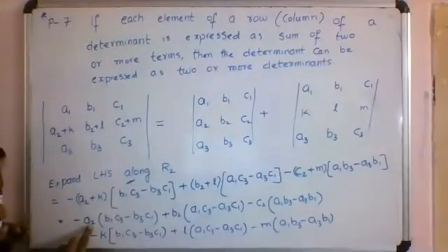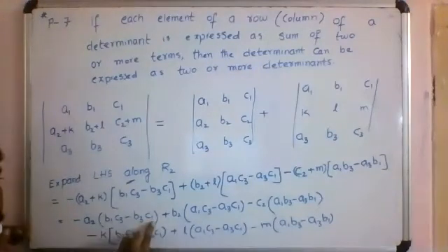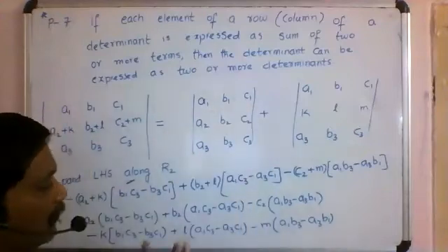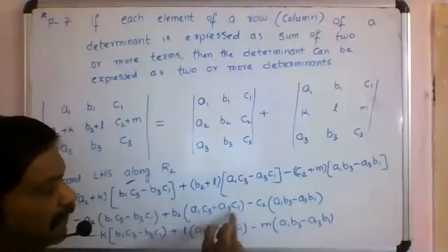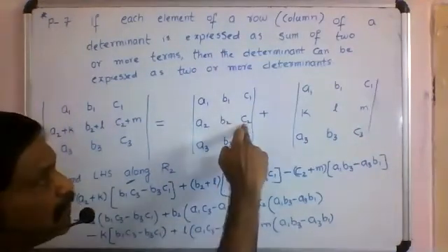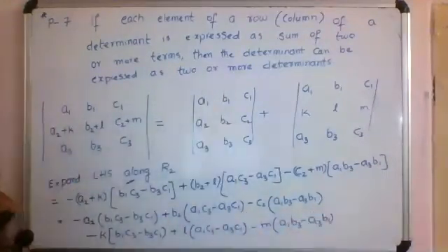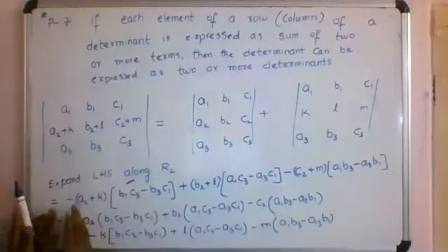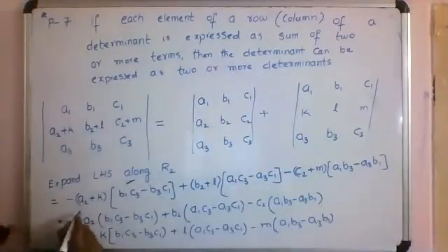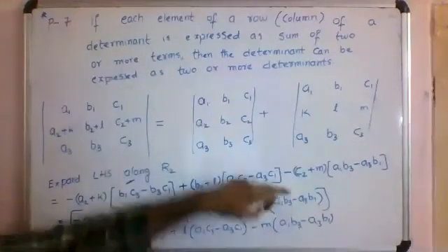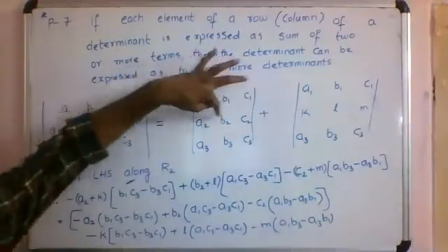I got the same thing, plus B2 into A1 C3 minus A3 C1, minus C2 into A1 B3 minus A3 B1. The same thing I got. So this expansion and this first thing is same. So this entire thing is the expansion of this determinant along second row.